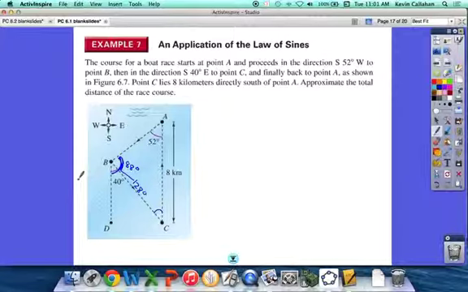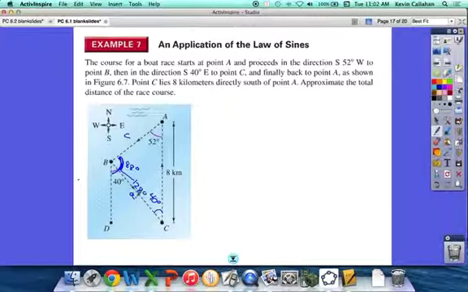So often in these kinds of problems, you're going to have to do some geometry to spread angles where you know them. Okay, now if that's 88, we should be able to figure this angle here, right? That'd be 180 minus 52 and 88, which is what? Say again? 40? Looks right. 40 degrees. Okay, so now we can find side C and side A.